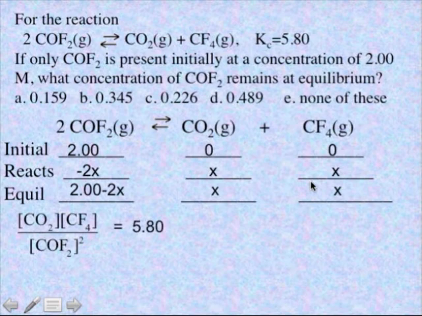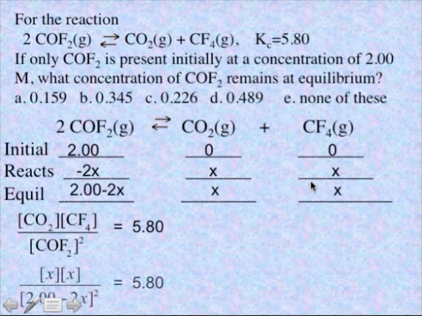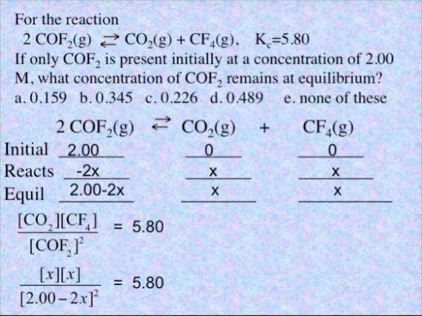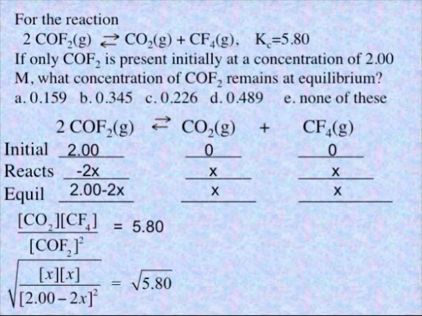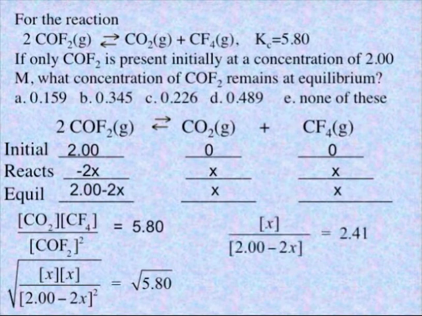So we set up the mass action equation, we plug in x squared at the top and 2 minus 2x squared in the denominator for the COF2. It's squared because the coefficient is 2. We set it equal to 5.80. If we take the square root of both sides, we can avoid the quadratic equation. When we do that, we get x divided by 2 minus 2x is equal to the square root of 5.80, which is 2.41.